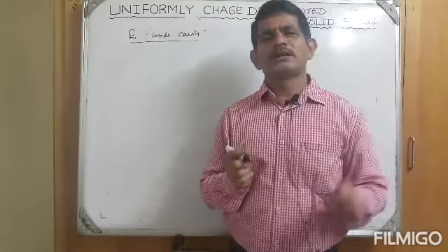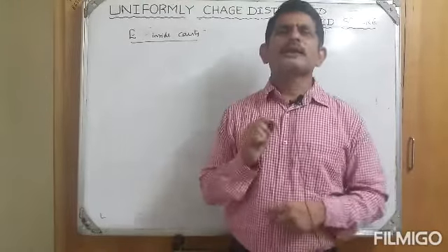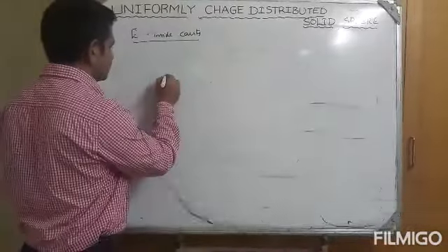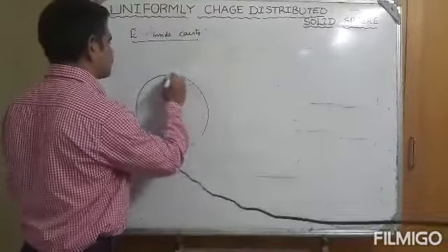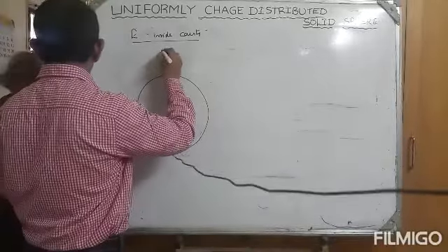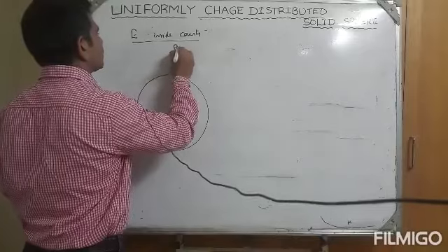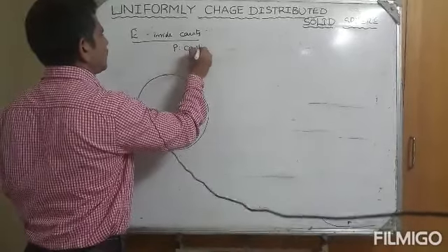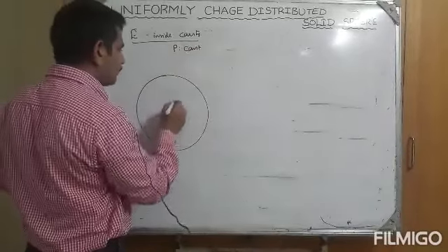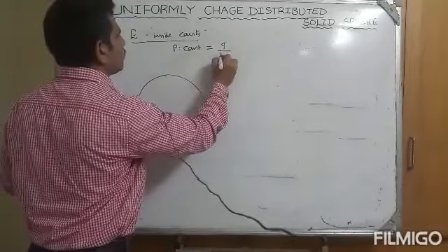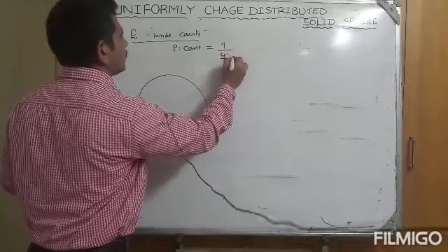A small hole inside the object is called cavity. So take a solid sphere, this is a uniformly charged distributed sphere. For uniformly charged distributed sphere, you can take rho as constant, rho is nothing but q by 4 by 3 pi r cube.